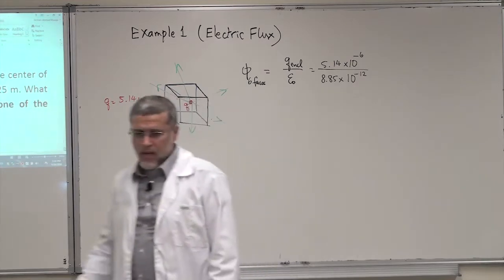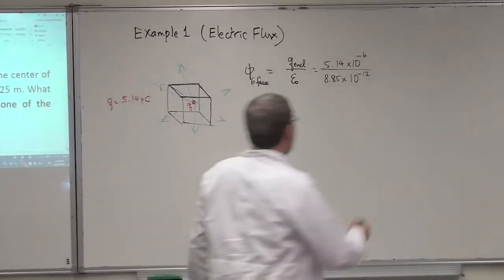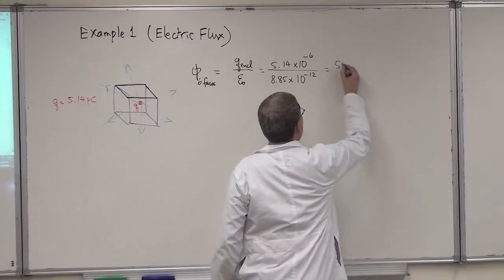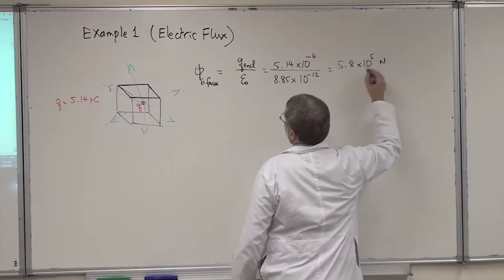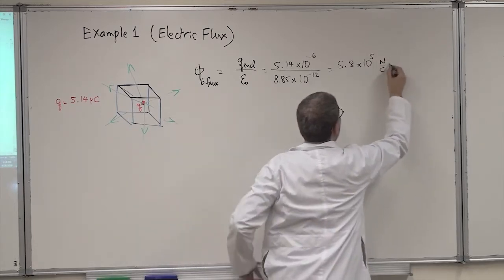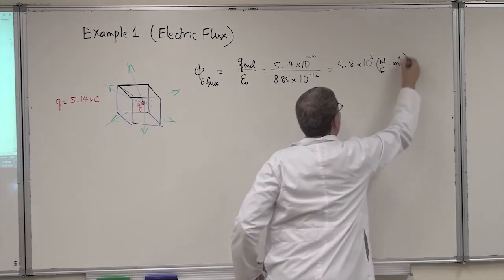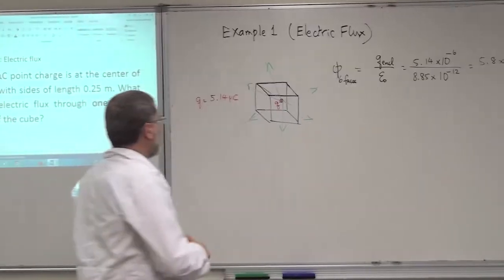This is the flux through the 6 faces, which is equal to 5.8 times 10 to the power 5 Newton meter squared per coulomb. These are the SI units of the flux. That's the flux through the 6 faces.